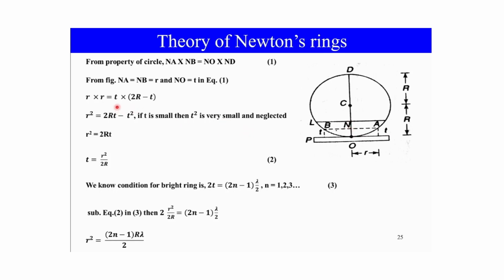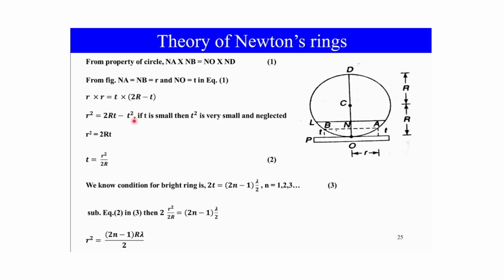So therefore, in equation number 1, in the place of NA and NB, use small r, in the place of NO use small t, that is the thickness of the thin film, the air film, and ND is equal to 2R minus t. Multiplying, r square is equal to t into 2R, that is 2Rt minus t square.